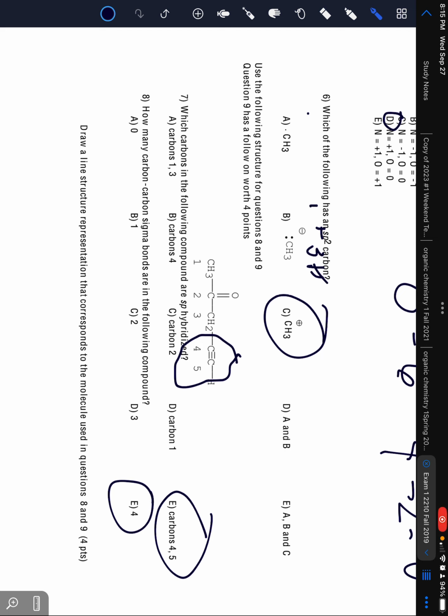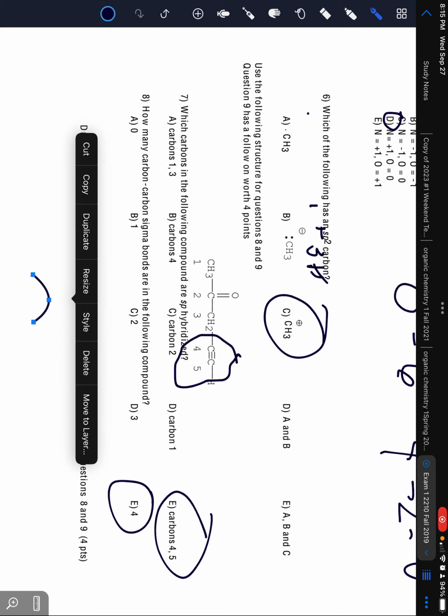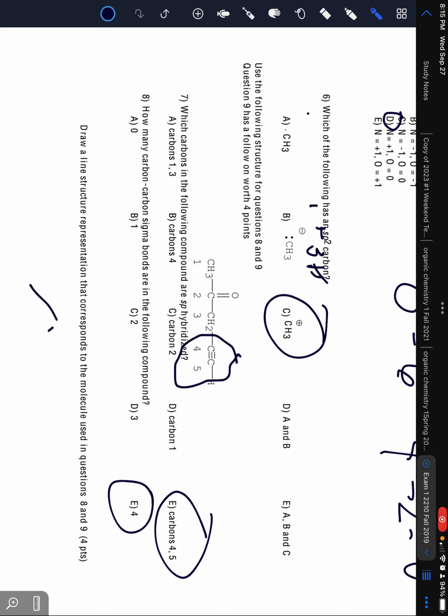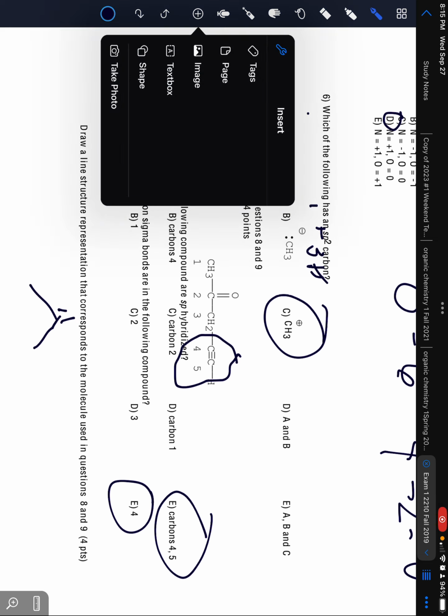And then drawing the line structure of that. Be zigzag. Whoops, we undo that. Delete. So we have a zigzag. Here we have the double bond O. And once we get to our, then we're going to go 1, 2, 3. Let me delete that so we have some more space.